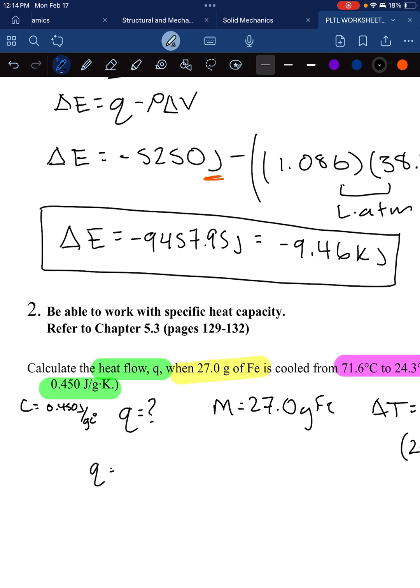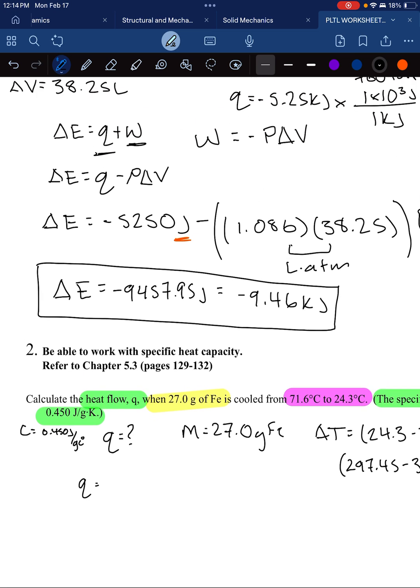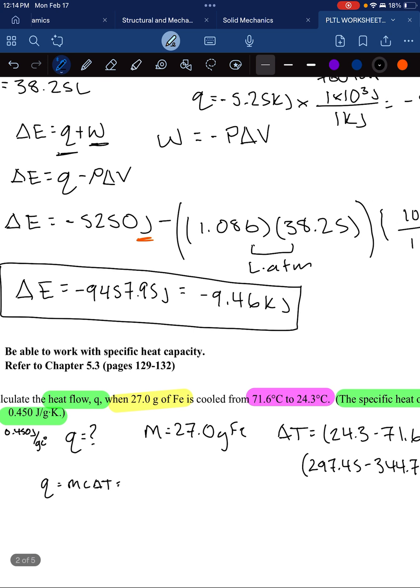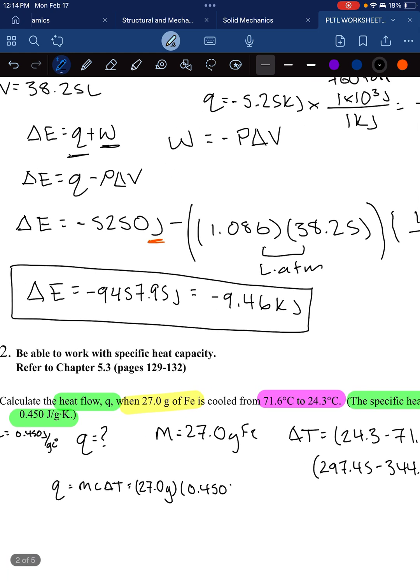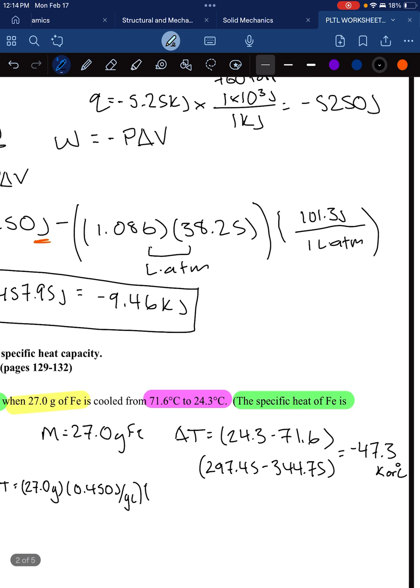So now let's find Q, because that's what we're looking for. All right, so Q equals mc delta T, or MCAT, as most people call it. And let's plug in our numbers. Times delta T.